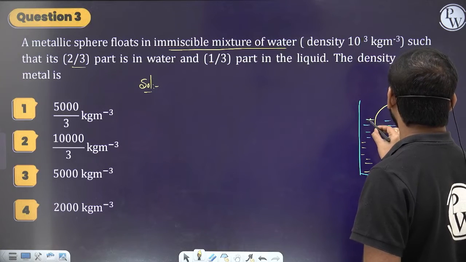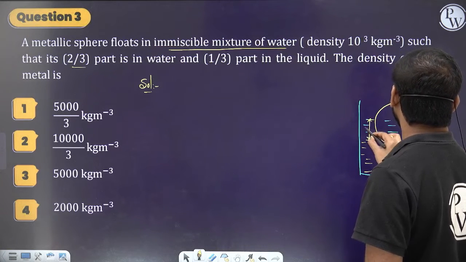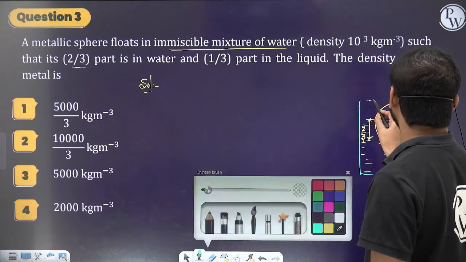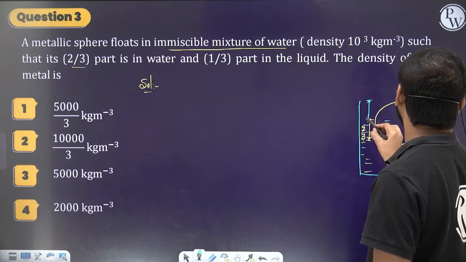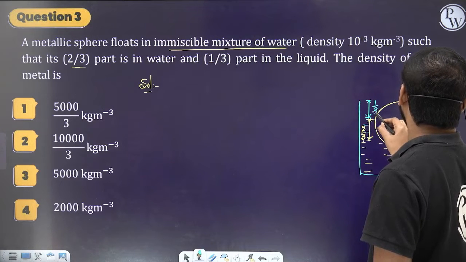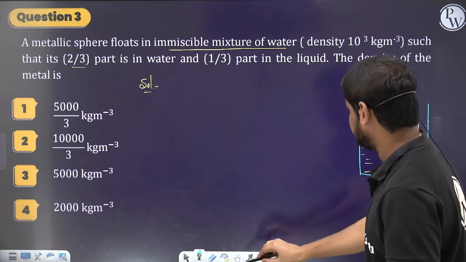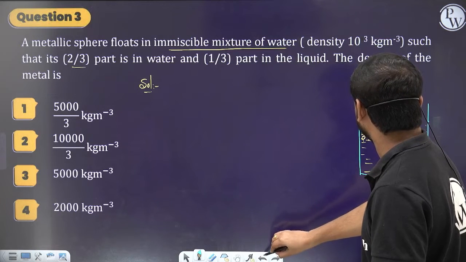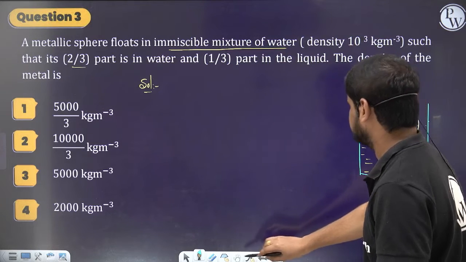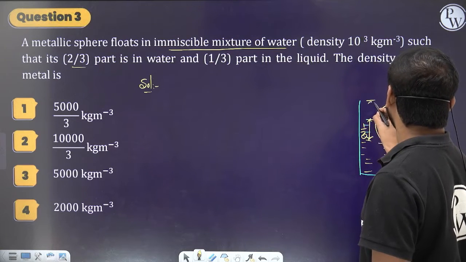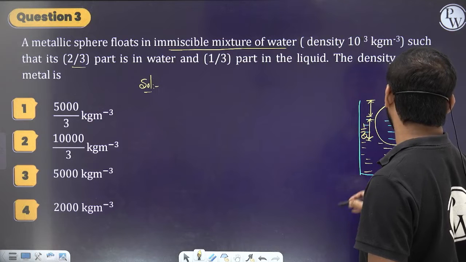Its 2/3 part is in the water, and then 1/3 part is in the liquid. Sorry, my bad, I wrote it in reverse. So 1/3 part is in the liquid and 2/3 part is in the water.